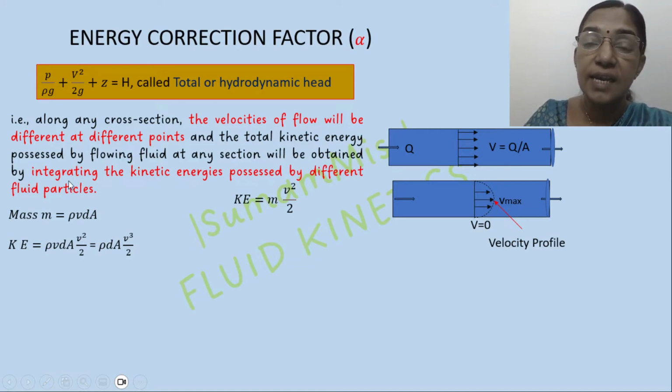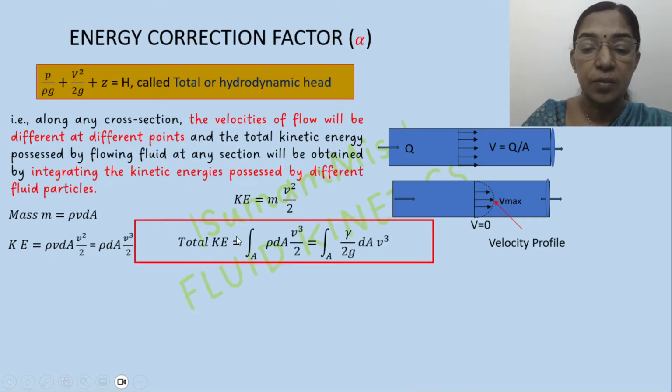So total kinetic energy is equal to the integral across the section of rho into dA into V cube by 2, which is equal to the integral of gamma by 2g into dA into V cube, where gamma is the specific weight of the flowing fluid.